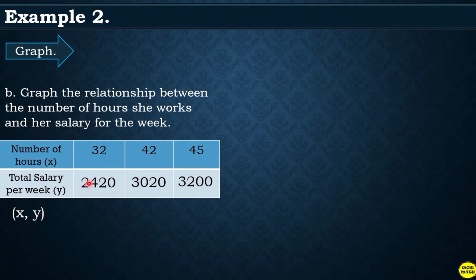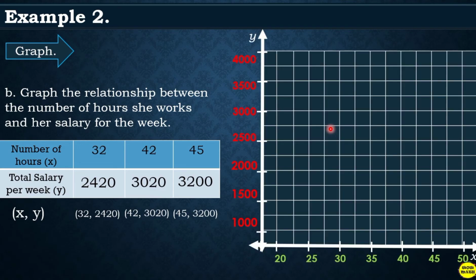So, your X here is 32 and then your Y is 2,420. And then next, your X is 42, your Y is 3,020, and then your last ordered pair is 45, and then your Y is 3,200. Okay, so dapat ilagay muna natin ang ating mga ordered pairs para madali tayong makapag-plot. Okay, so how are we going to graph?